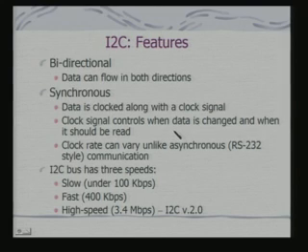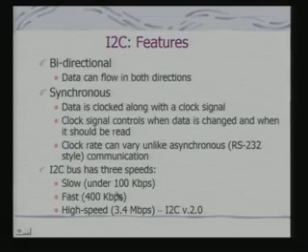So, there may be a change in the clock speed as well. In fact, typically you have got 3 speeds: slow, fast, high speed. This is I2C version 2.0. We shall primarily talk about the older version, which is slower, and between these two.